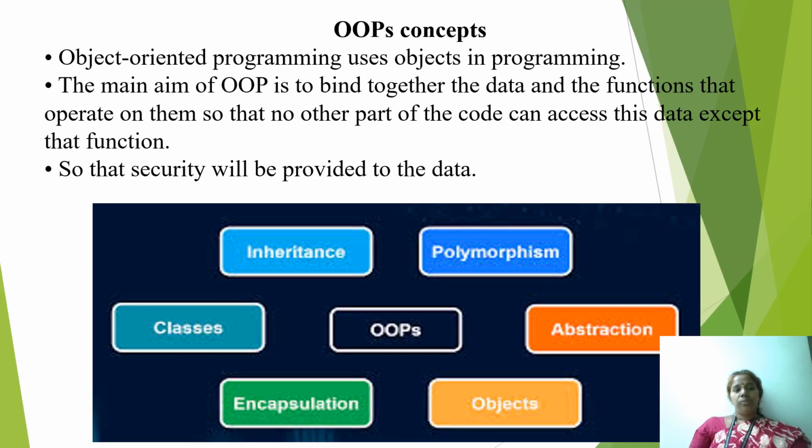The main aim of OOPs is to bind together the data and the functions that operate on them so that no other part of the code can access this data except that function, so that security is provided to the data. These are the concepts: first class, second object, third abstraction, fourth inheritance, fifth encapsulation, sixth polymorphism. So there are 6 concepts used in object-oriented programming.